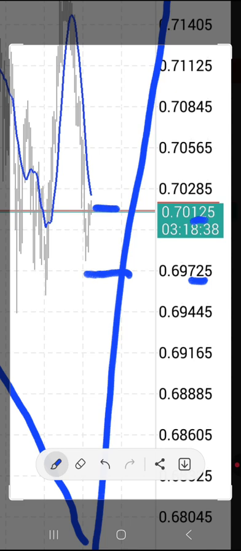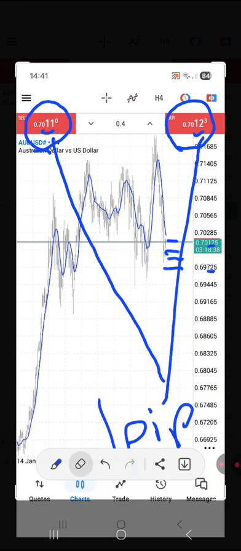So 12 to 02 down would be 10 pips. 12 to 92 would be 20 pips. 12 to 82 would be 30 pips. 12 to 72 is 40 pips.